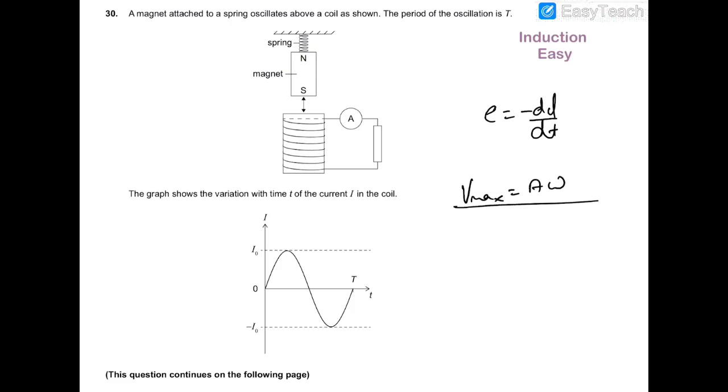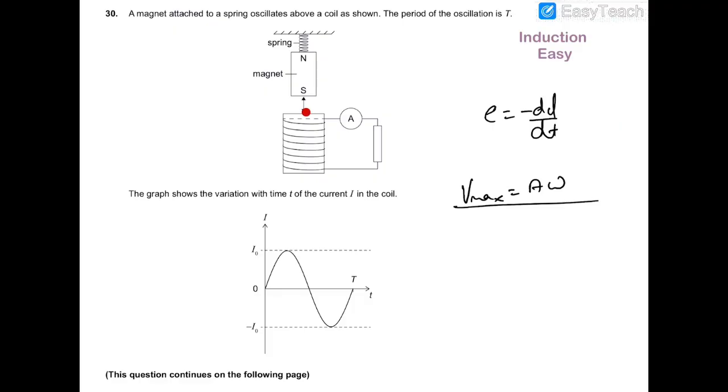We know that, because you should always remember the fact that EMF depends on the rate of change of flux. So when this bar magnet would be at the lowest position, or at negative extreme, then the flux linked with the coil will be maximum. But in that situation, EMF would be zero because at that position velocity is zero.